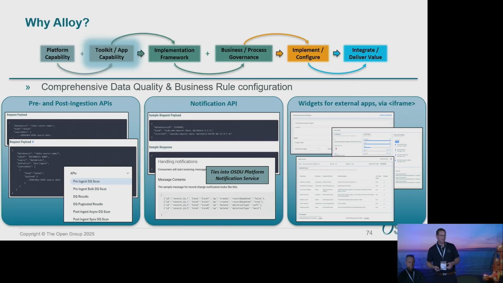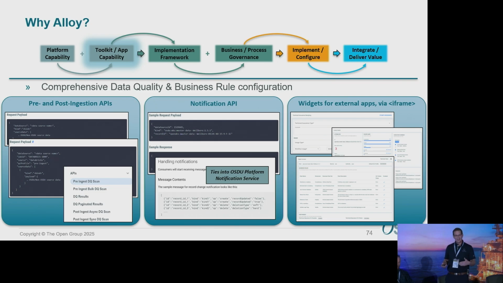The pre- and post-ingestion APIs are used by your applications and your data pipelines to get real-time evaluation of the data quality. So they can find out if there is a failure, and they can help you remediate that failure immediately. At BP, one of the great pipelines is the Databricks pipeline, where they use Alloy to make sure that the data is good to go before it goes into OSDU.